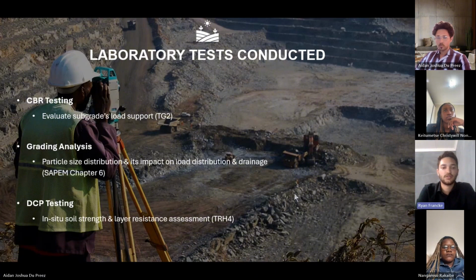The results for CBR testing are crucial in designing the pavement structure, particularly for determining the thickness of the base and subbase layers. A higher CBR value allows for thinner pavement layers, reducing both material and construction costs while maintaining structural integrity.